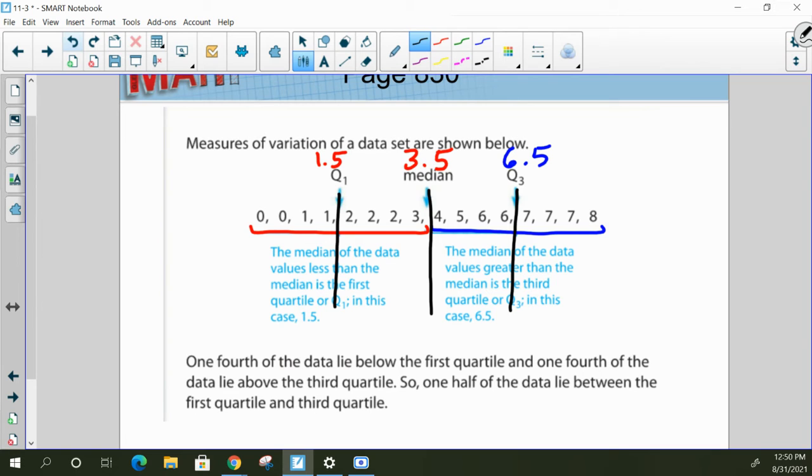And what that means is this data is 1/4 of all our numbers, the lower ones. The upper one is 1/4 of all our data. And the middle would be 1/4 and 1/4 again.